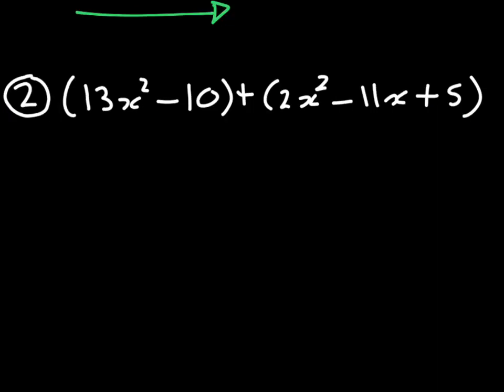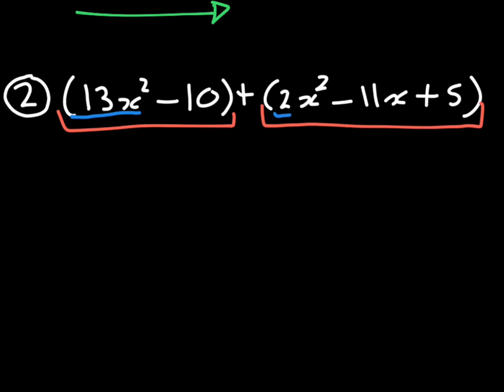For question 2, we are once again adding two sets of parentheses. Right, so once again, we need to look out for like terms. So in the first set, we can see that we've got a 13x squared, and in the second, we've got 2x squared. So we are plussing. So 13x squared plus 2x squared will give us 15x squared. Next, we have a look at our x's.